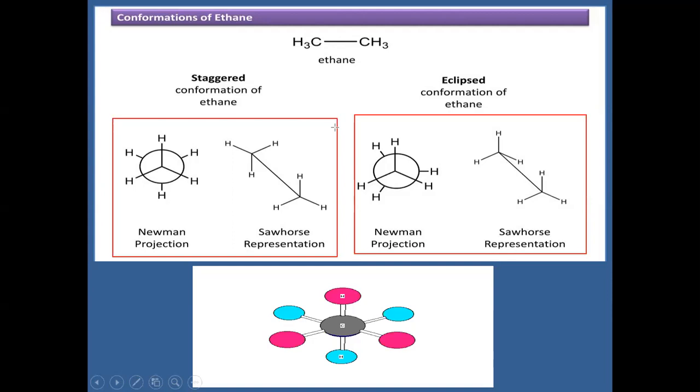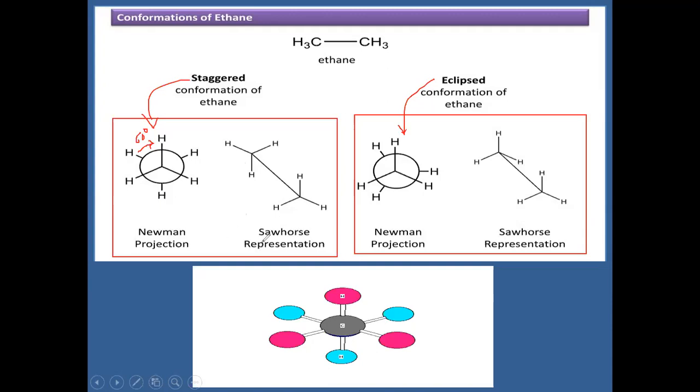We can easily remember this: when this is rotated by 60 degrees, I get this Newman projection formula, or we get this eclipse conformation. This is eclipse conformation and this is staggered conformation. I already told you the difference between staggered and eclipse conformation.